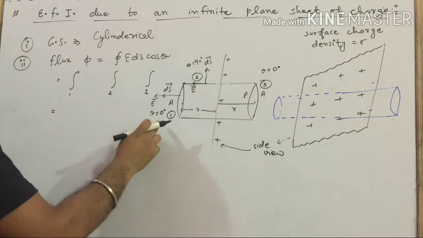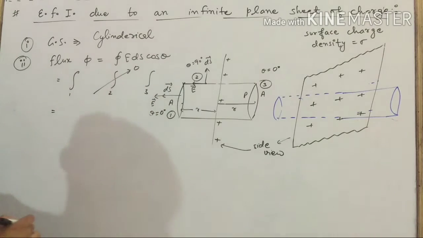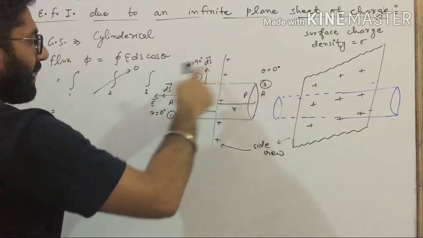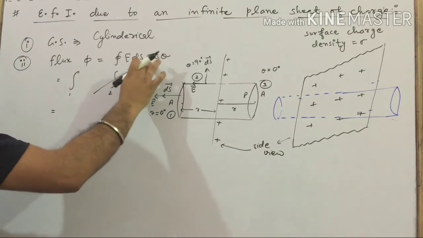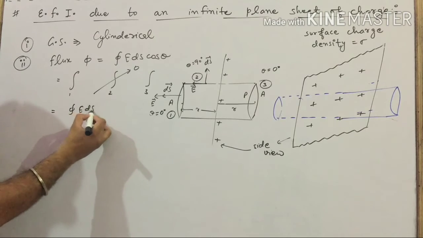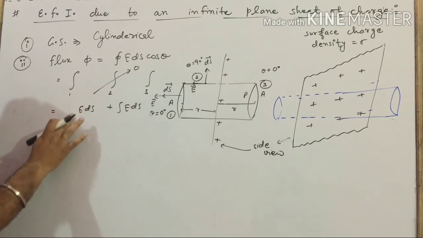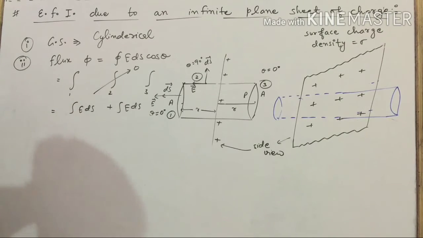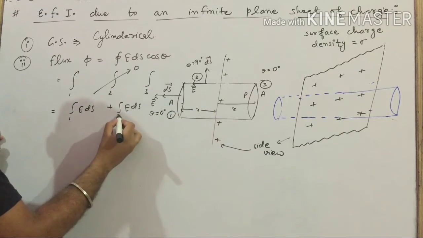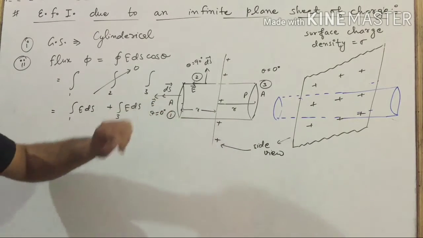Now for surface number 2, theta is 90 degrees, so this term will become 0, and for surfaces 1 and 3, theta is 0, so cos 0 will be 1, so the integral will be simply integral E dS plus integral E dS. There won't be any circle now. One term will be there for surface number 1 and one term for surface number 3. So here comes the role of the symmetric surface.